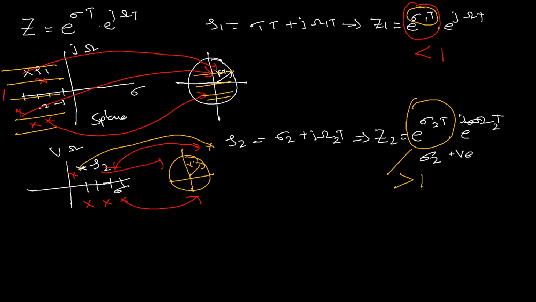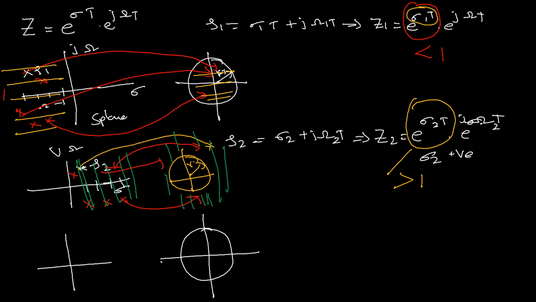This you can write like: any pole in the right-hand side will occupy outside the unit circle. Let us assume we have a pole S3 on the j omega axis. This is the j omega axis, j omega 3, assume S3.